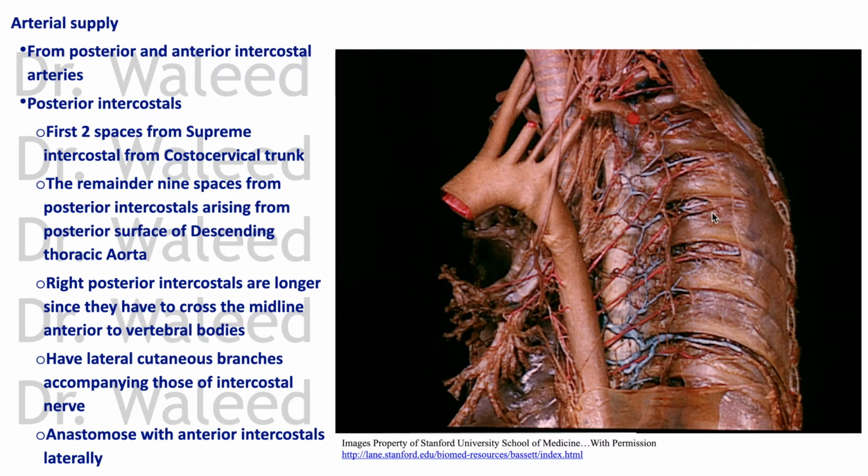So please remember these important points about the posterior intercostals. They come out of the thoracic aorta, except for the upper 2 spaces from the costocervical trunk, and they anastomose with the anterior intercostals at the lateral side of the thoracic cage, and the right ones are longer than the left ones.